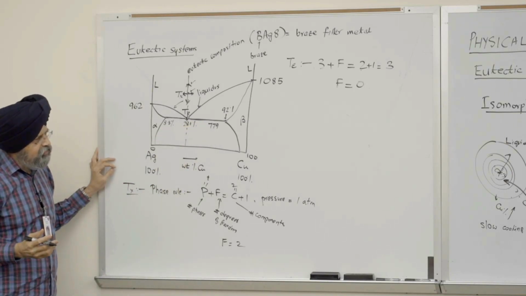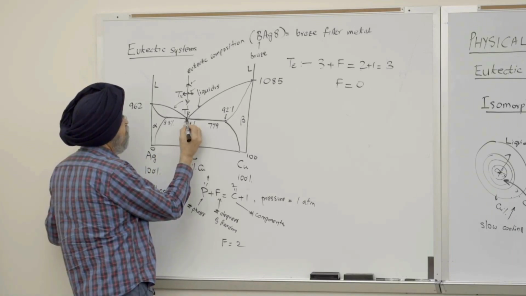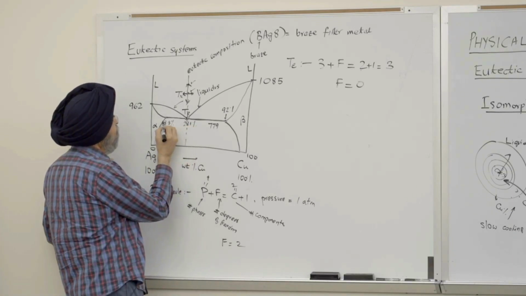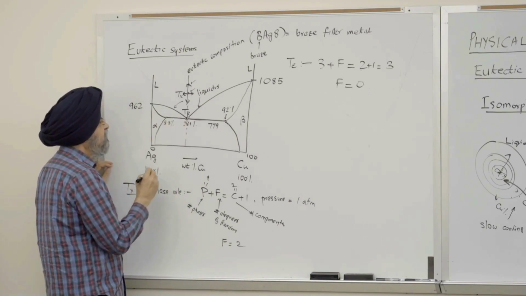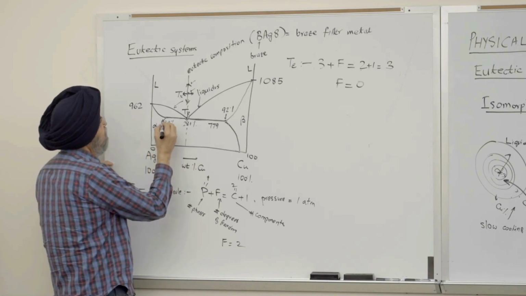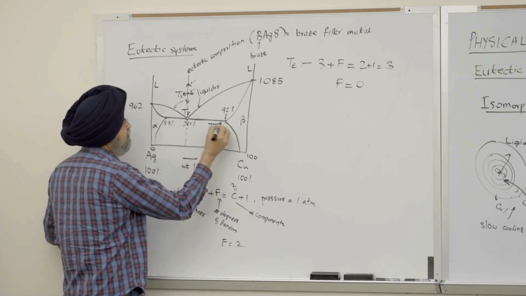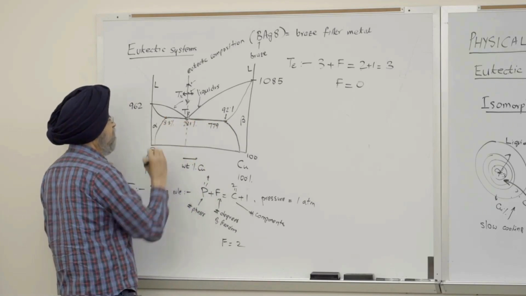Now what about composition? Can I change composition? Again, you can't. If I go a little bit below, then I only have alpha and beta of different composition. Liquid is gone. If I go above, it's only liquid. So even the composition cannot be changed. So this is the beta composition, liquid composition, alpha composition.